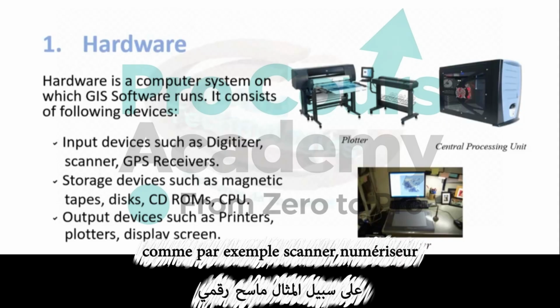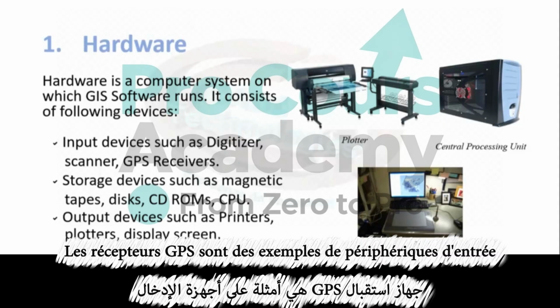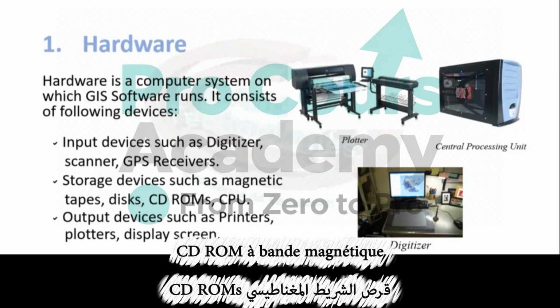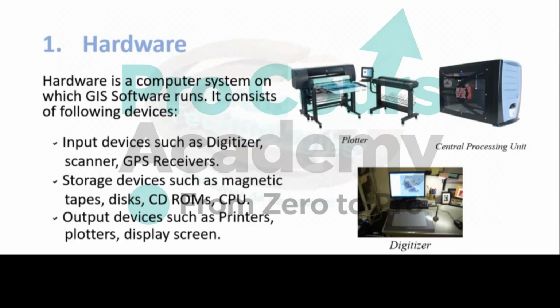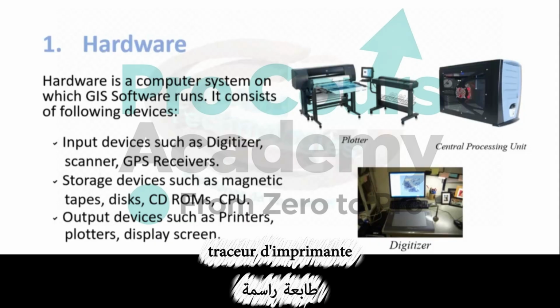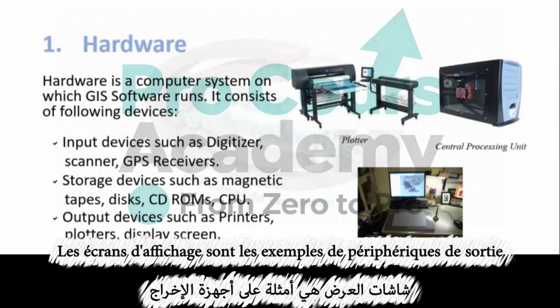For example, digitizer, scanner, and GPS receiver are examples of input devices. Magnetic disk, SATA, and SAT are examples of storage devices. Printers and display screens are examples of output devices.